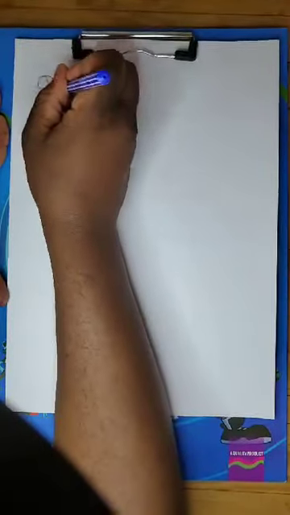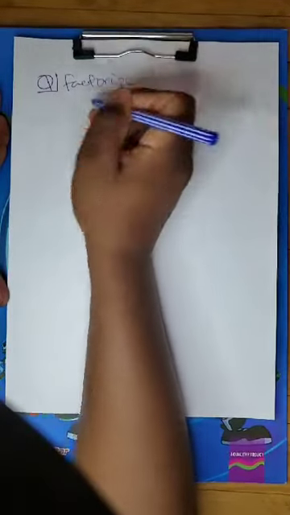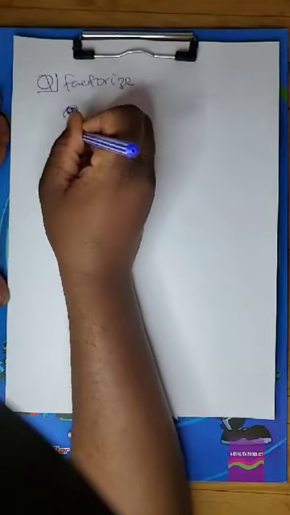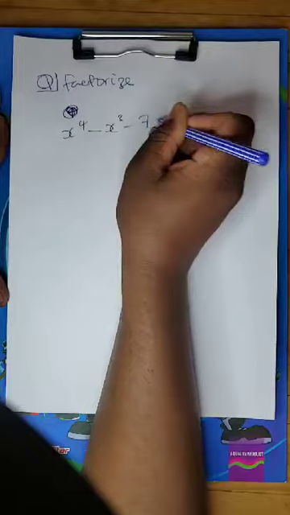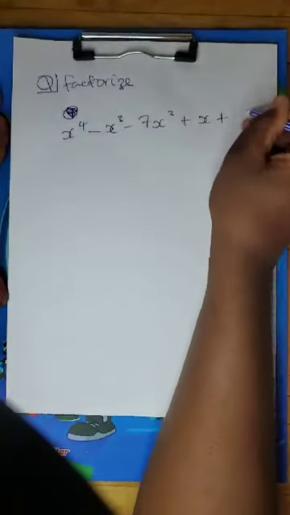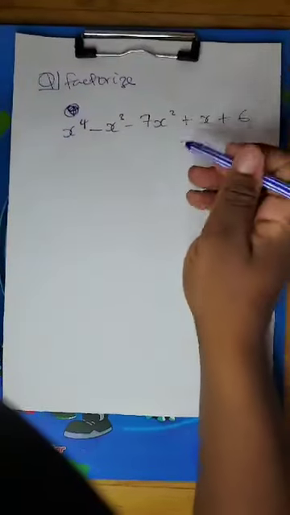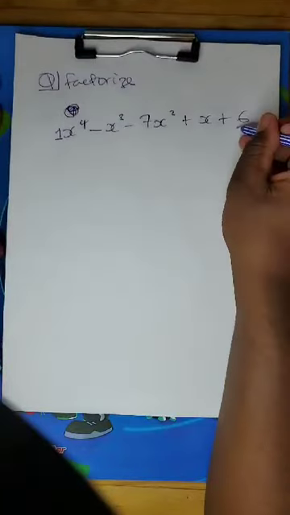Factorize. This is how they come. Factorize x to the power 4 minus x to the power 3 minus 7x squared plus x plus 6. Our interest will just be the first number, this one, and the last number, that one.